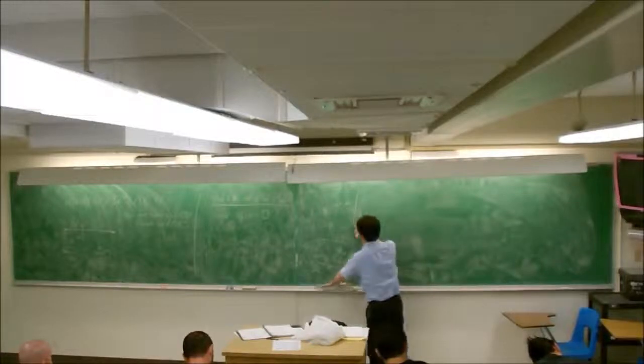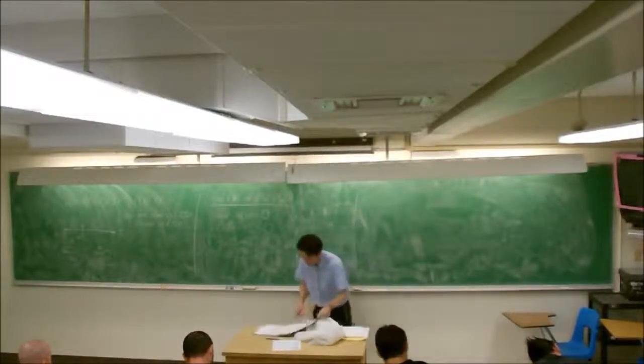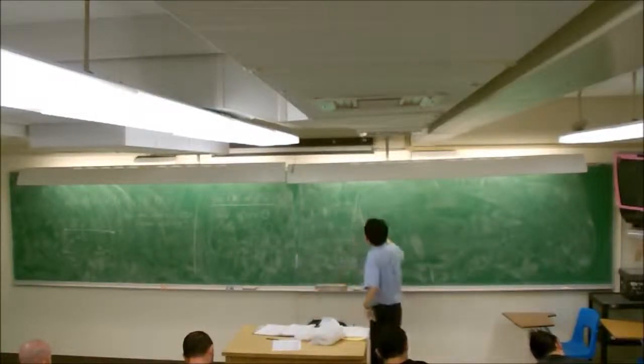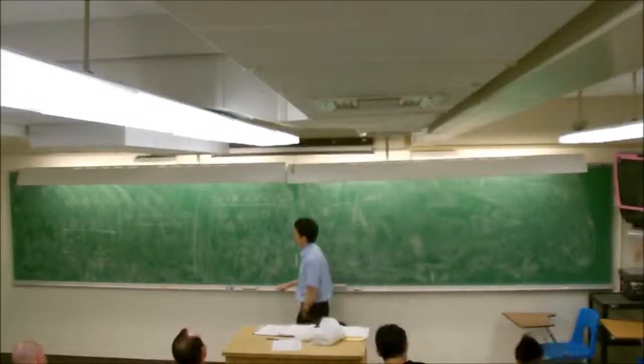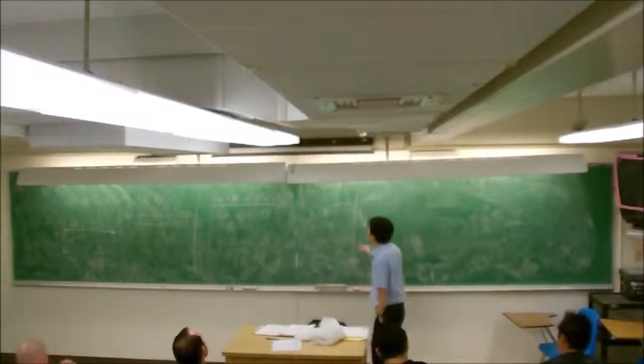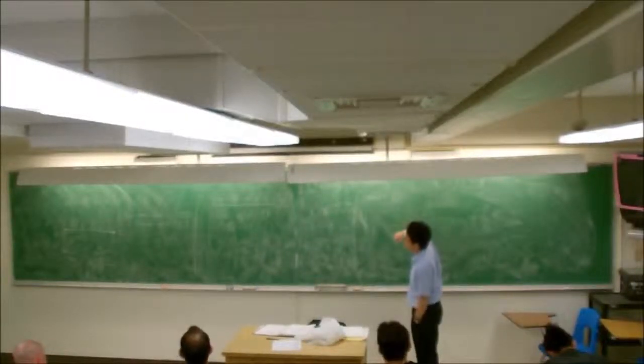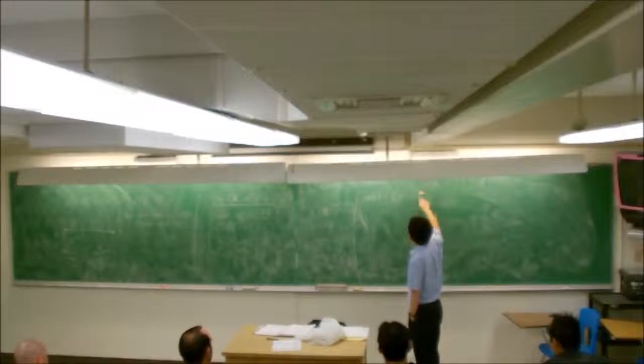Now, what about the acceleration? A of t is, let's take the derivative. 3t squared goes to 6t, negative 18t goes to negative 18.